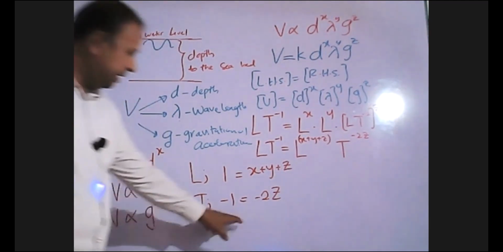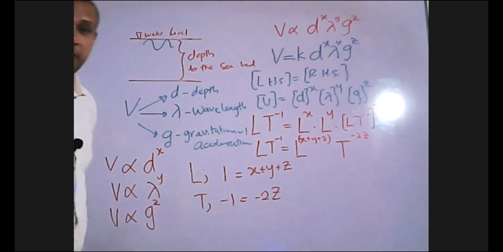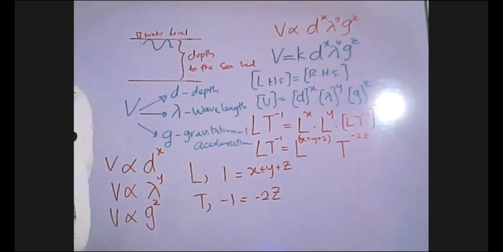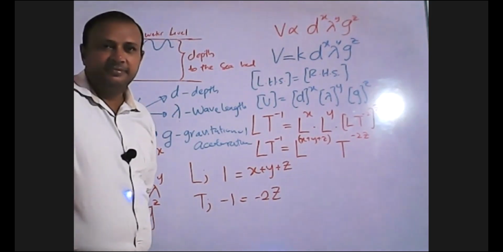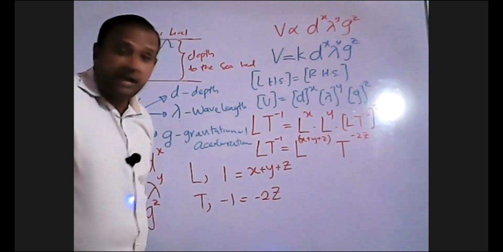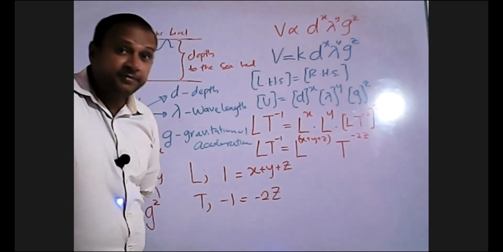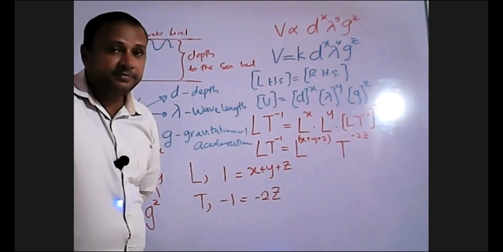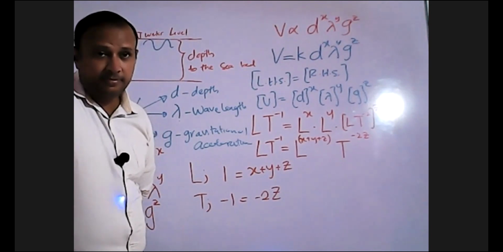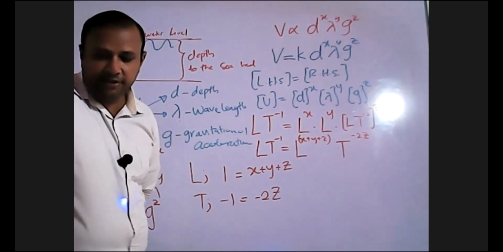From that I can determine the value of z. Yeah, z is half. After that, how to determine x and y?